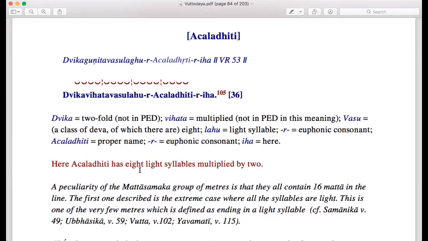So there are 16 light syllables in one line of this verse.